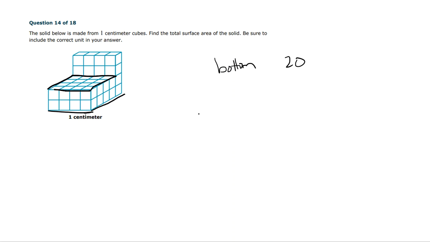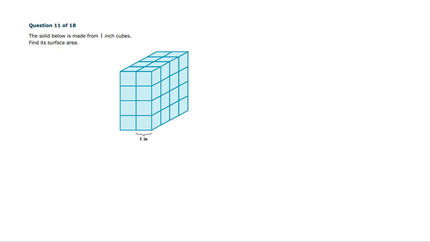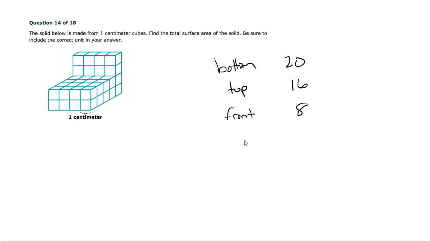Okay, so when we do this particular type of question, remember the surface area is the area of the surface, the part that is showing. Okay, so in this case, our top would be 4 by 4, which is 16. Okay, now as far as our front and back go of the bottom rectangular prism, if our front is 8, our back is also 8.